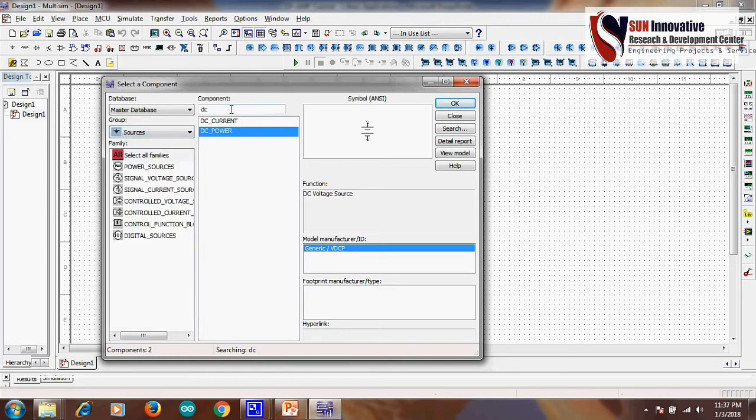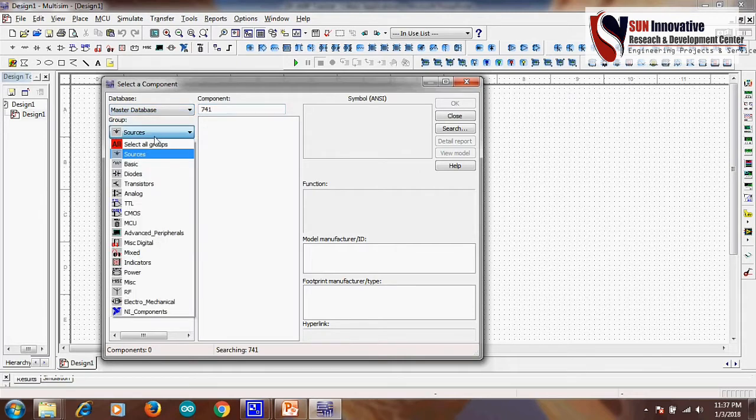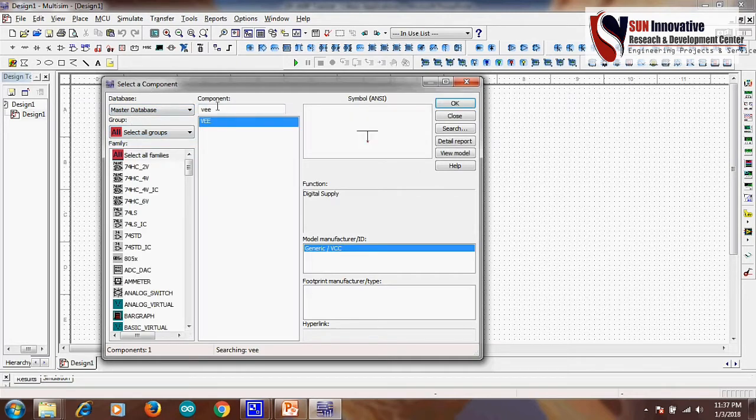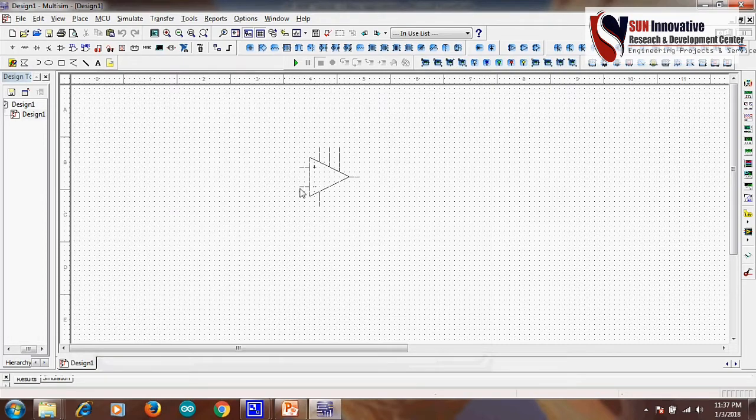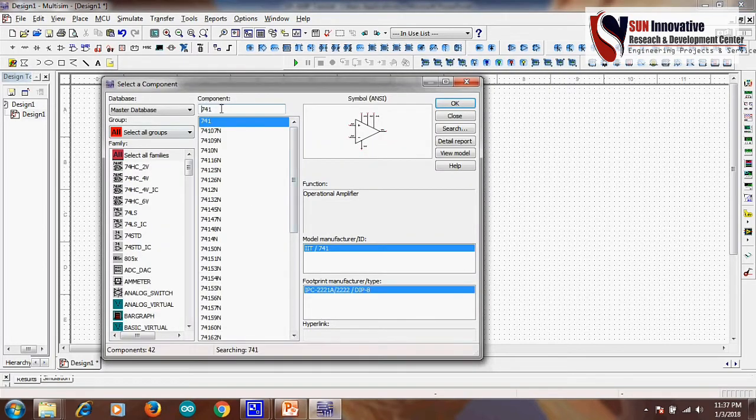Now we need a 741 op-amp. So you can select all and write here 741, and you will find the symbol of the op-amp. You can take the symbol.